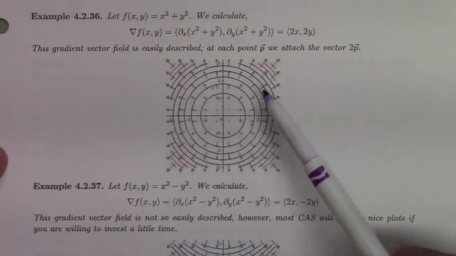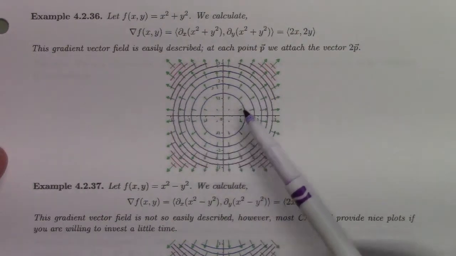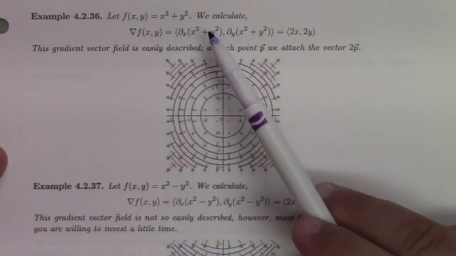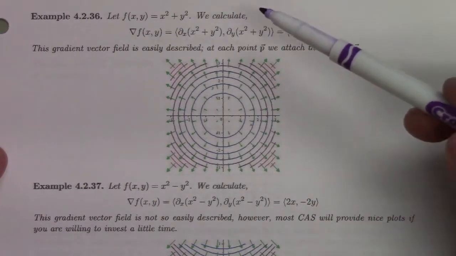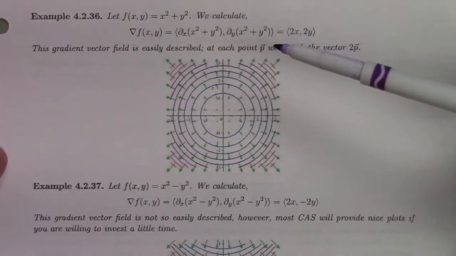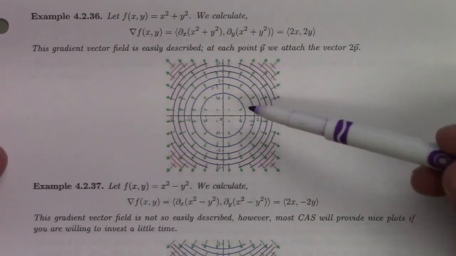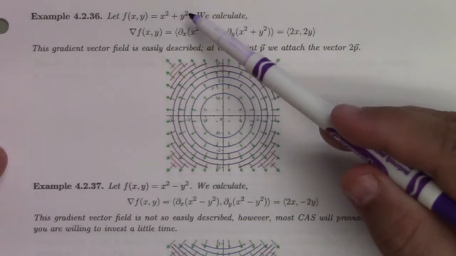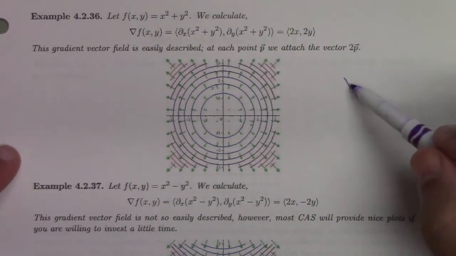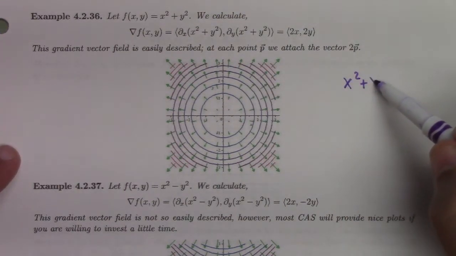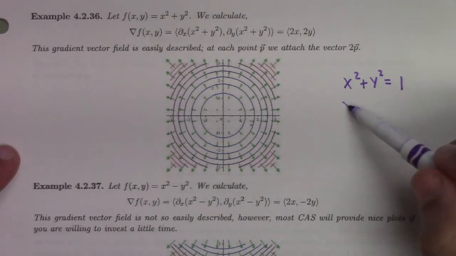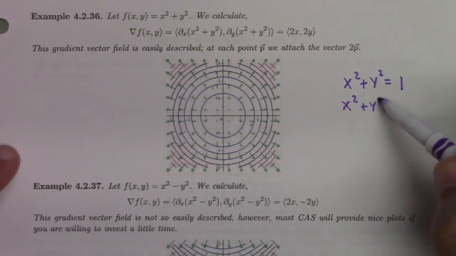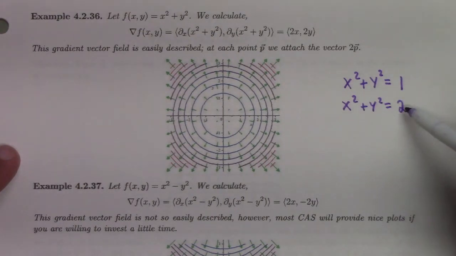So the circles in here, we'll talk more about what those mean later. These are actually level curves for x squared plus y squared. I guess I can just tell you now, a level curve is simply when you take the function and set it equal to a constant. So if I said x squared plus y squared equals 1, that's a level curve. If I said x squared plus y squared equals 2, well, that's a level curve.